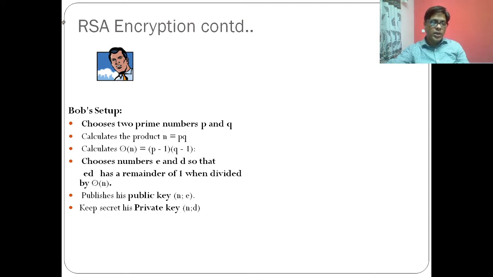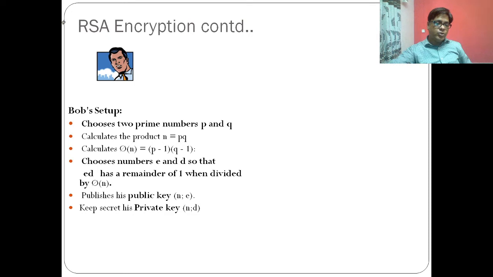For this, he will choose two prime numbers P and Q and will compute a number N, which is P times Q. Now he will compute phi n, and by applying modular arithmetic, he will generate two numbers E and D, which are inverse under modulo phi n.